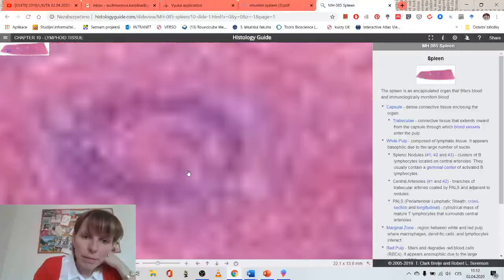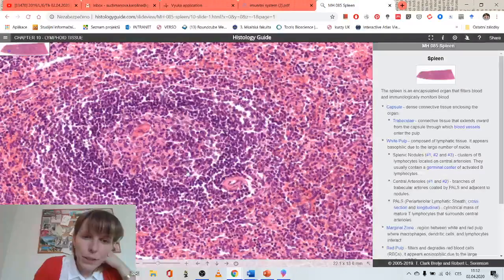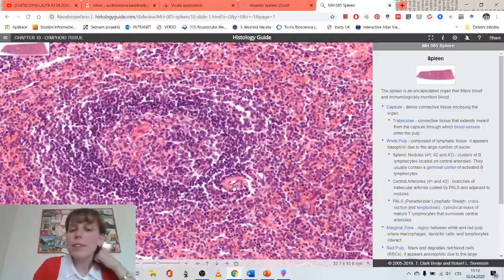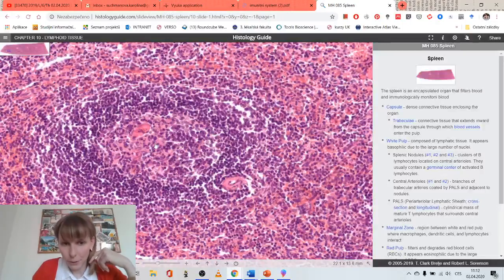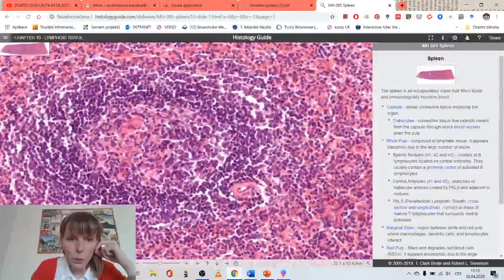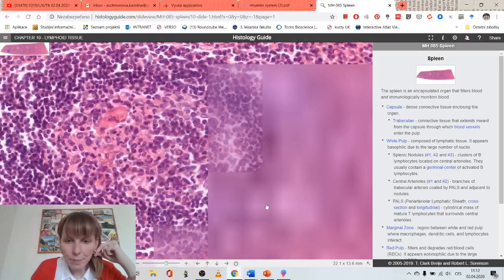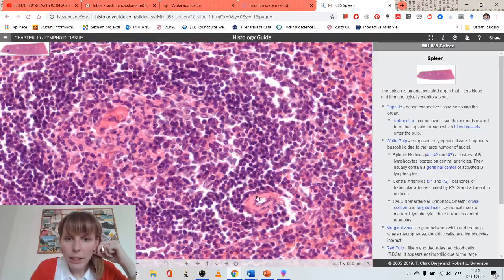And if we zoom in, we see the follicle, the activated center, and there's one blood vessel here. You can see that it's not located in the center of the follicle. However, it is called the central artery. So this is central artery. It will never be in the center. For some reason, it's still called this way. So it's a small artery which is coming through the follicle, quite close to the center, but not in the center.